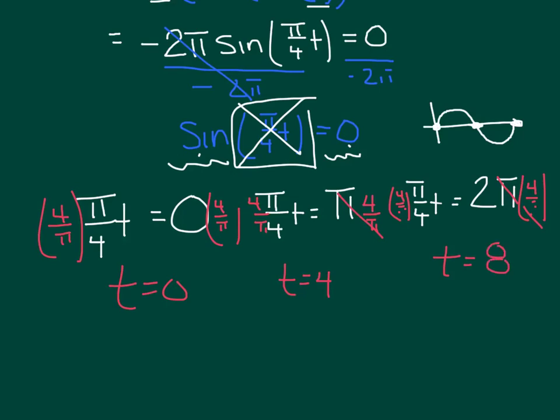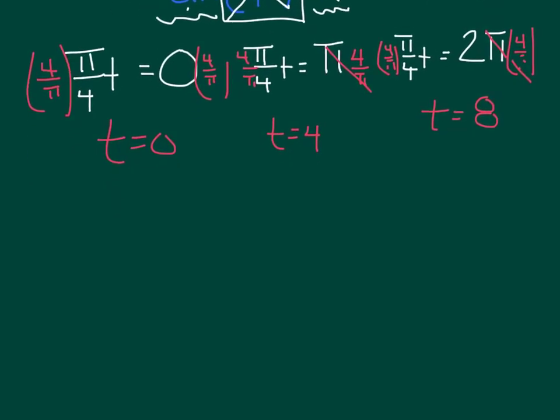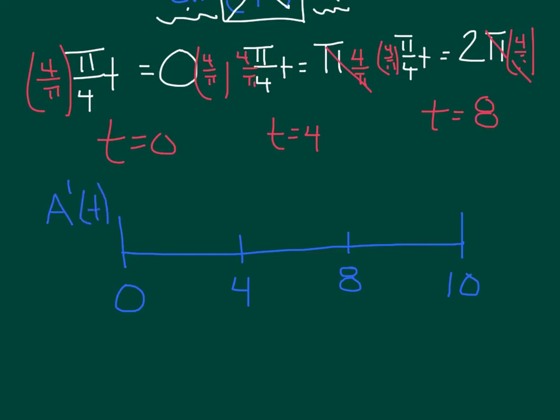So this happens 3 times. Now, let's make our sine chart. Please stop calling it a number line for those of you that still do it. It's called a sine chart. We had closed intervals from 0 to 10. I've got to use my critical point of 4 and my critical point of 8. And this represents a prime of t, and this will describe a.